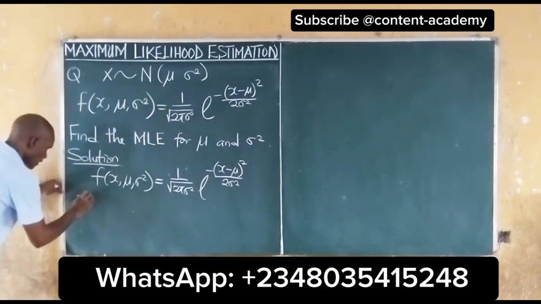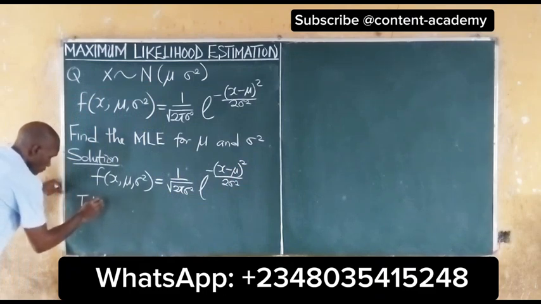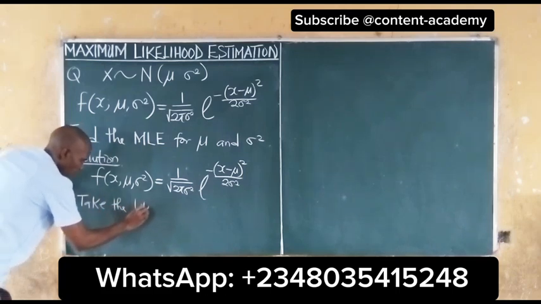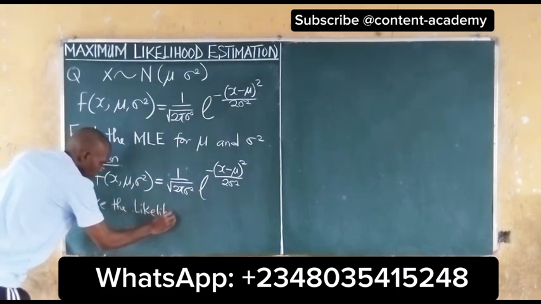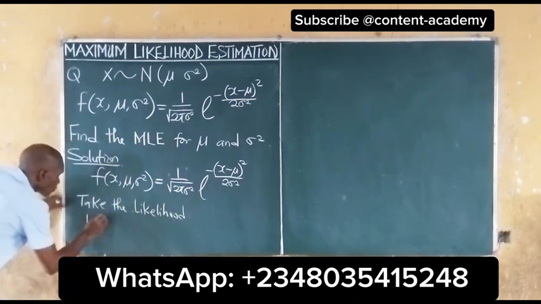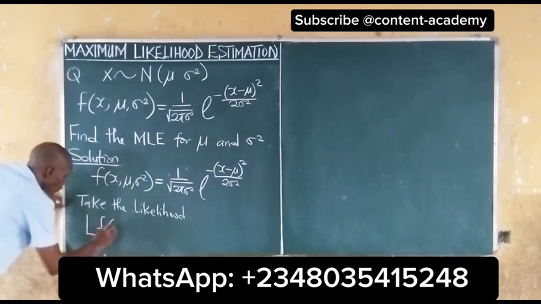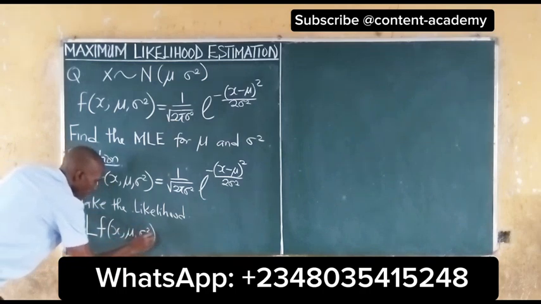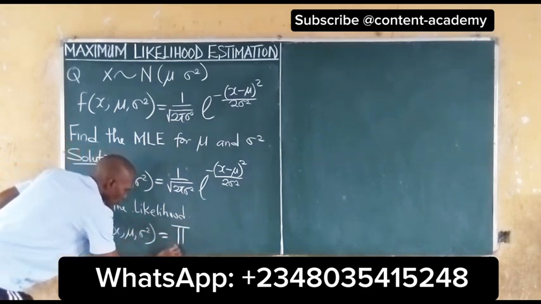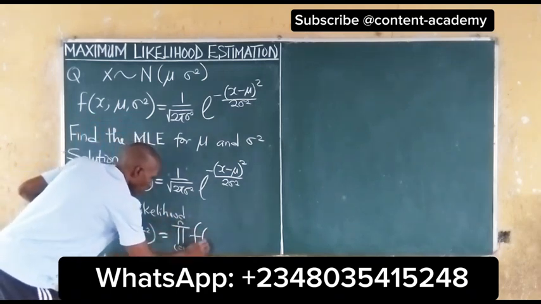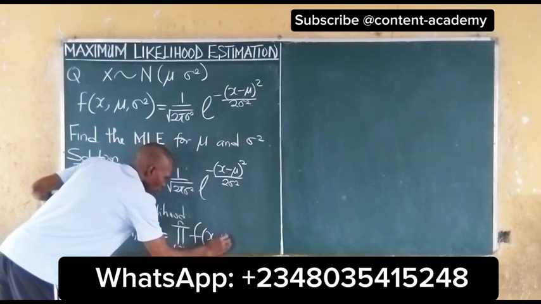Now, we take the likelihood function. The likelihood of the given function is equal to the product, as i runs from 1 to n, of the given function.